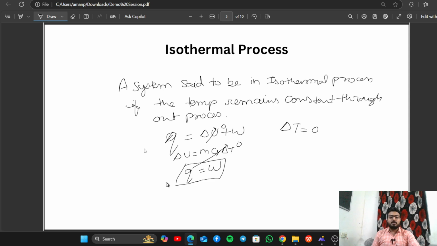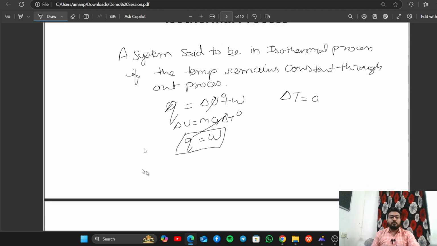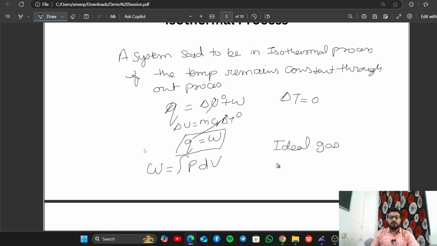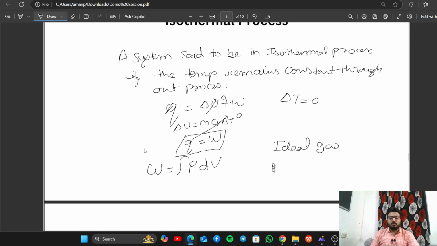Now we'll derive the formula of work done by the isothermal process. What is the formula of work done? W is equal to integral P dV. Now let's use the ideal gas equation. PV equals nRT.